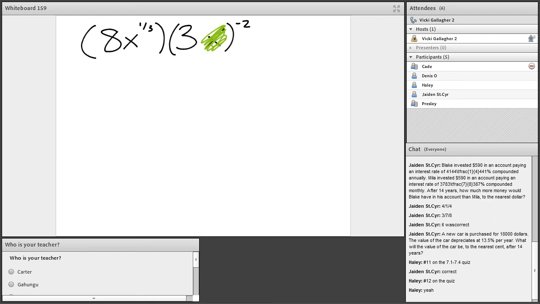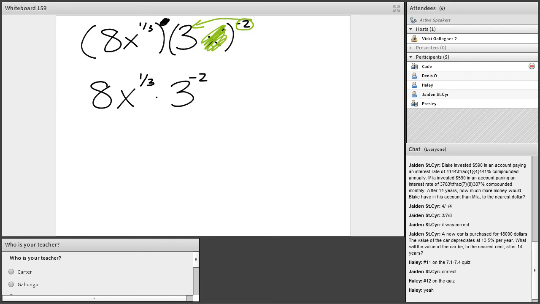And then when I scratch out that x, now this exponent of -2 only has to go on the number 3. So I don't have anything out here, so I'm just going to leave this as 8 and x to the 1/3, and then the 3 will become 3 to the power of -2.